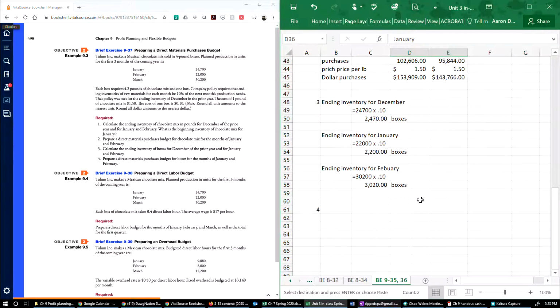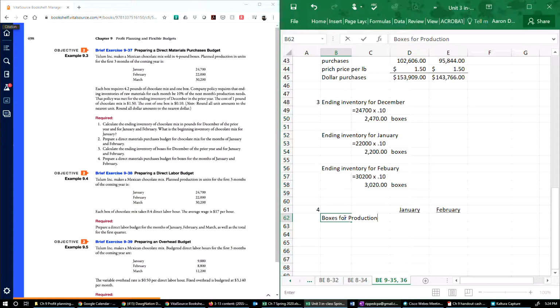So we will do that. Boxes for production, which is the same number as units.